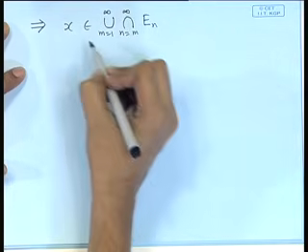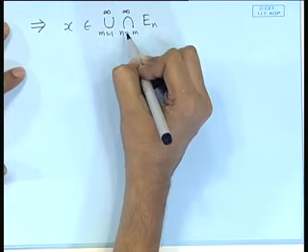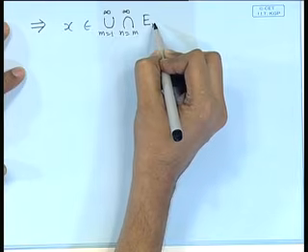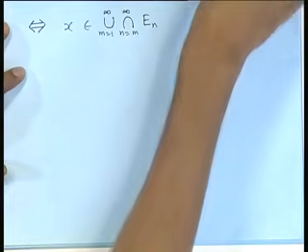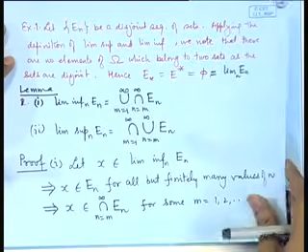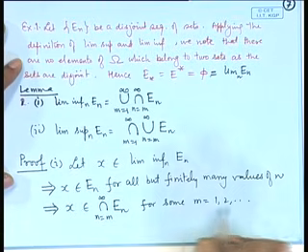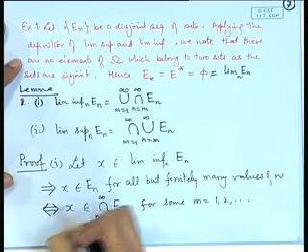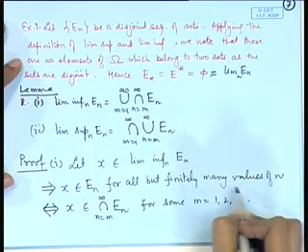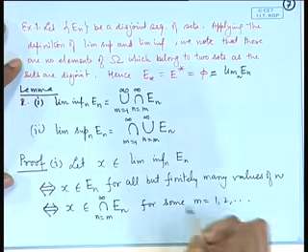On the other hand, if we take x belonging to union m is equal to 1 to infinity intersection n is equal to m to infinity E n, then this statement implies that x belongs to intersection of E n for some m is equal to 1, 2, etc. Now, this statement once again implies that x belongs to E n for all but finitely many values of n, which was actually the definition of limit inferior.